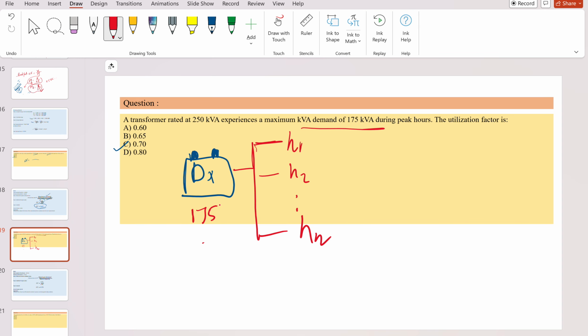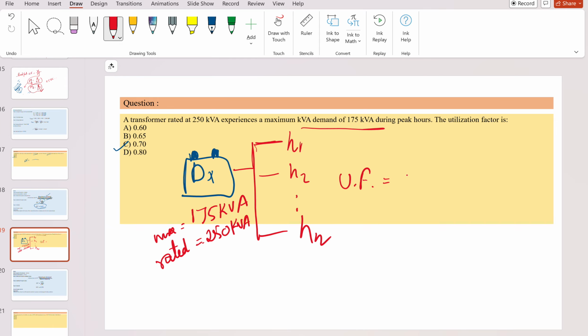Suppose this is experiencing 175 kVA maximum, but its rated value is 250 kVA. So it is asking what is the utilization factor of that. Utilization factor is basically the value at which it is actually being operated, relative to the rated value.